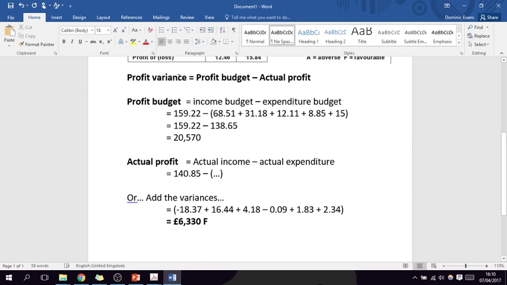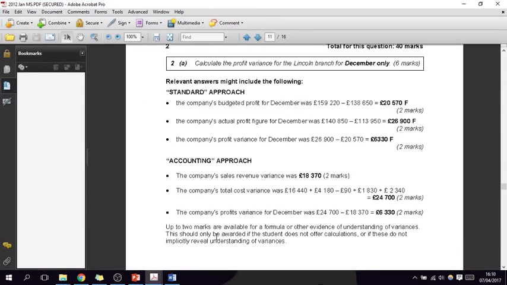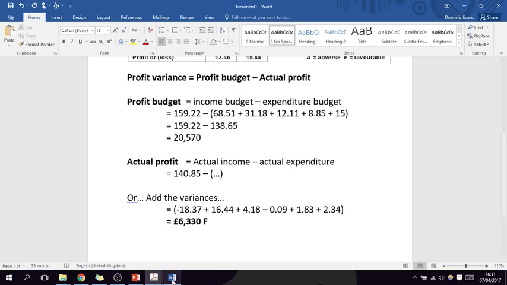The reason I encourage people to put a calculation there is because up to 2 marks are available for the formula or other evidence of understanding of variances. This should only be awarded if the student does not offer calculations or these do not implicitly reveal an understanding of variances. Just having the formula there, okay, it should guarantee you 2 marks as long as it's correct.